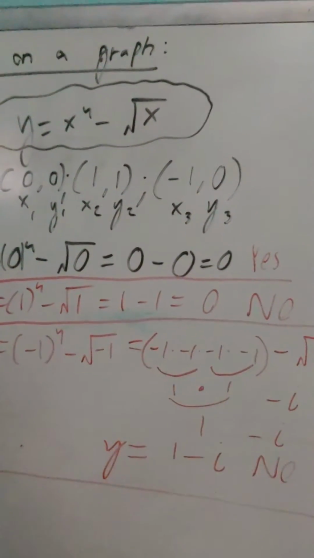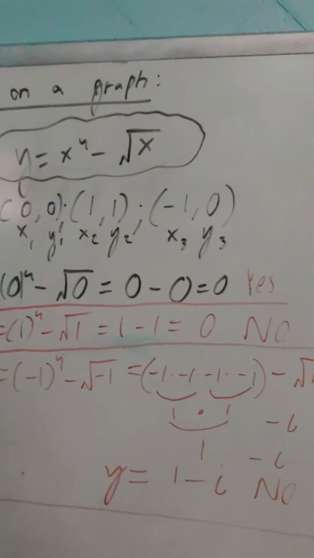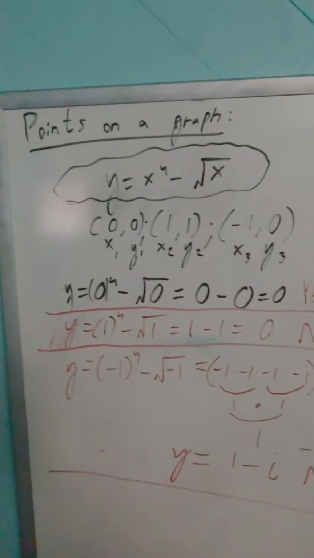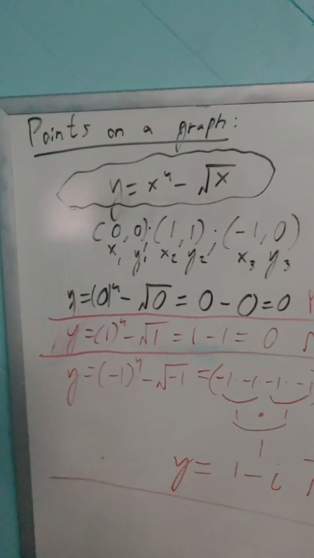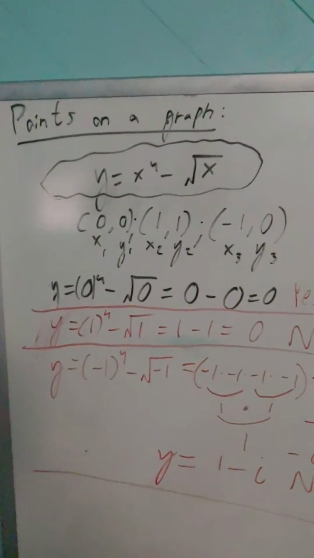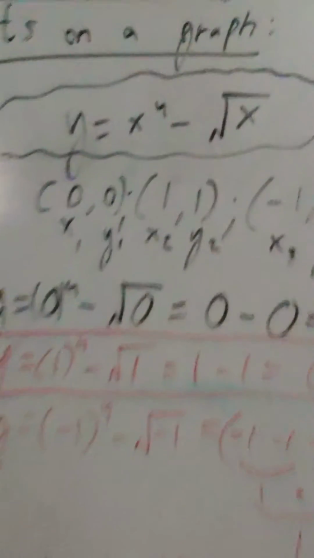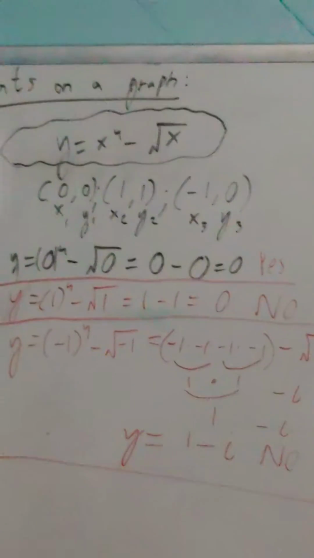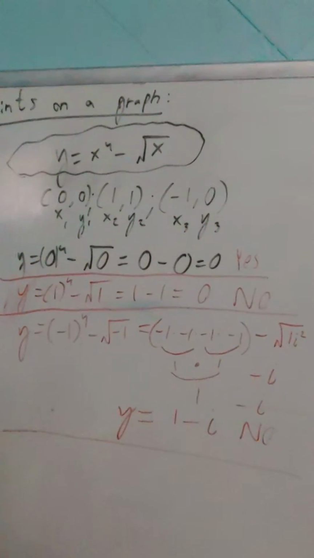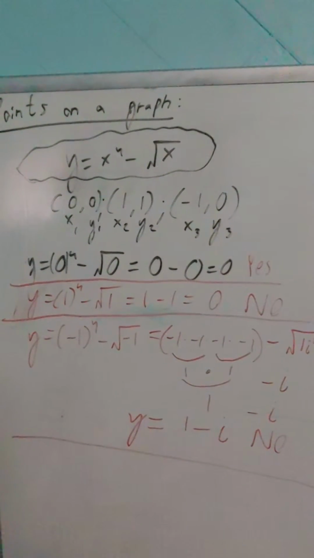So therefore, 0 minus 0 equals 0. Now, I said yes here because if you look back, the y1 for the coordinate (0, 0) is 0. So since y1 equals 0, that matches. So this is a coordinate on this function.